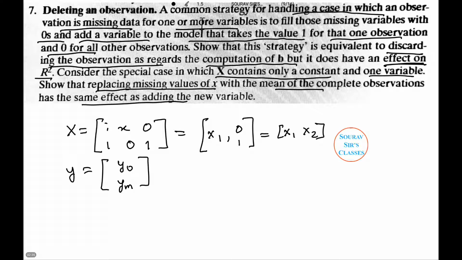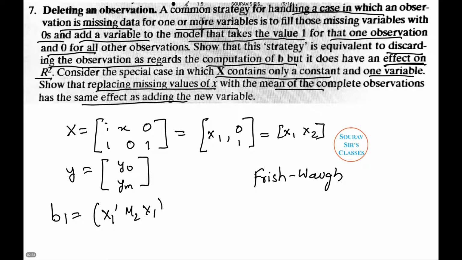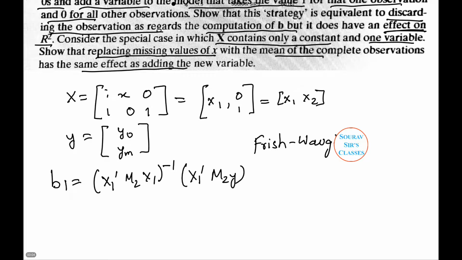Now we will use a process called Frisch-Waugh to obtain the first two columns of the least squares coefficient vector, that is b1 equals (X1' M2 X1) whole inverse X1' M2 y, and now multiplying it out we find that M2 equals an identity matrix.